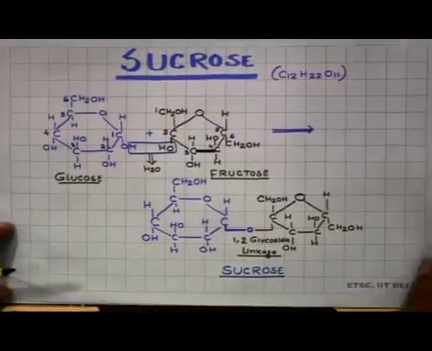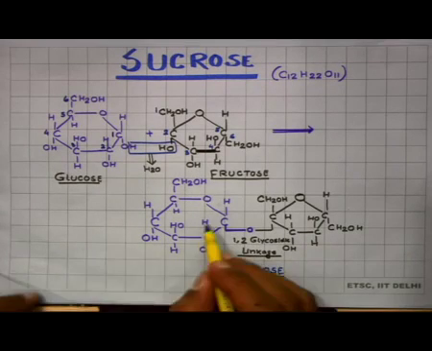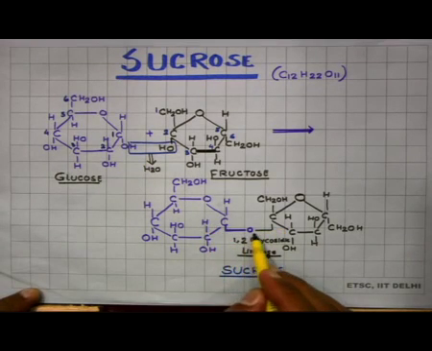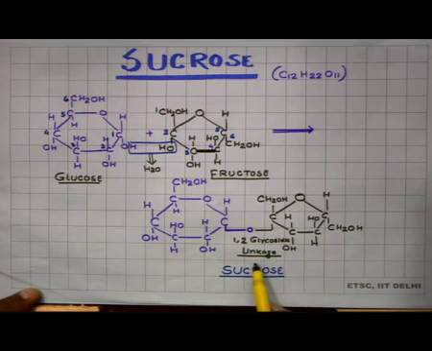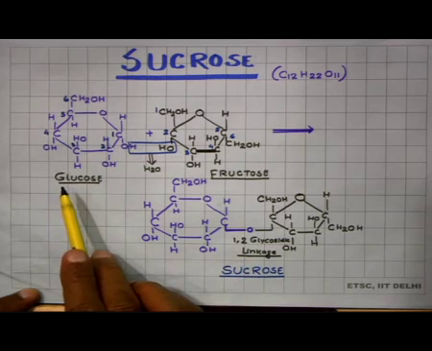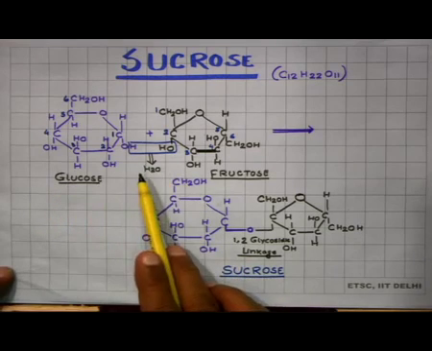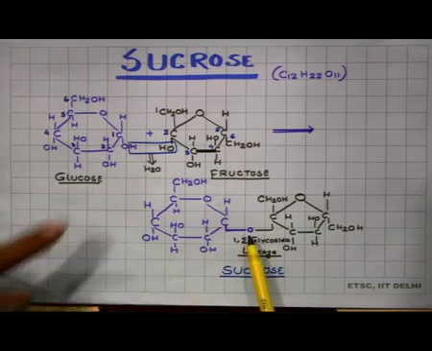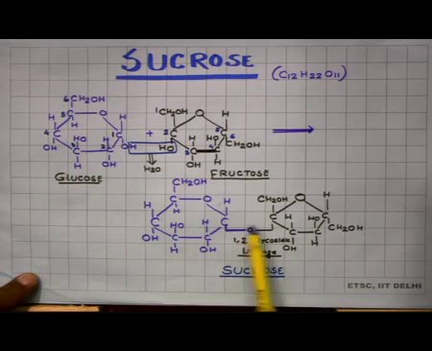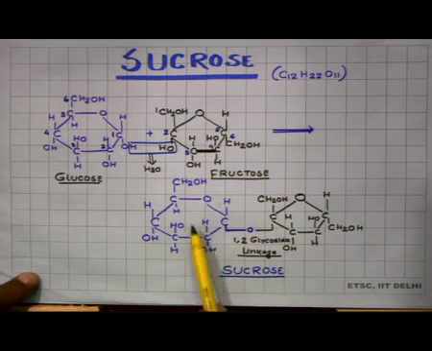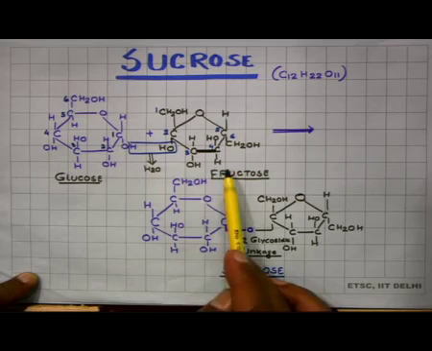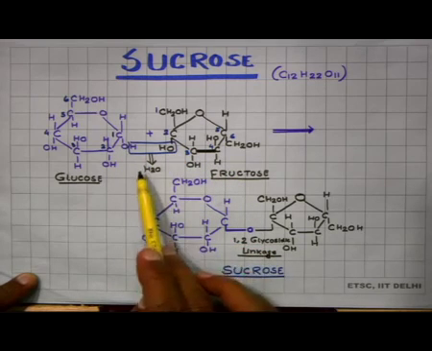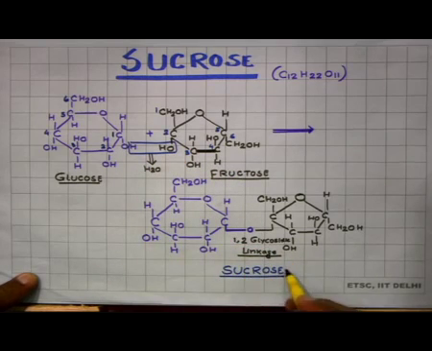Now, see the structure combinedly. Here the first carbon and second carbon, after the release of the water molecule, form a 1,2 glycosidic linkage. So, when the glucose molecule combines with the fructose molecule, it forms a glycosidic bond. At the time of formation of the glycosidic linkage, glucose carbon 1 and fructose carbon 2 are involved, and this is the structure of sucrose.